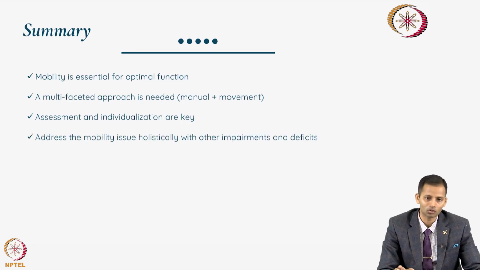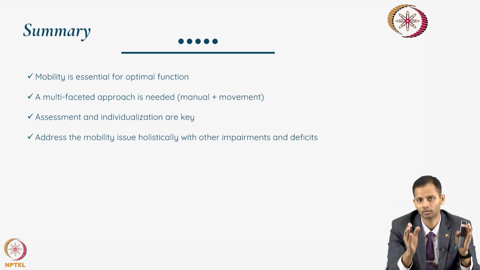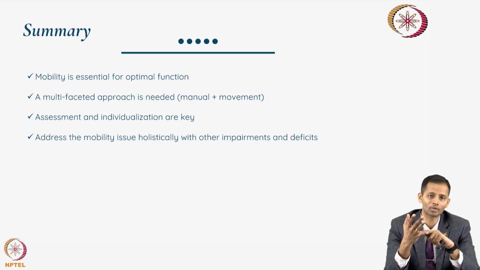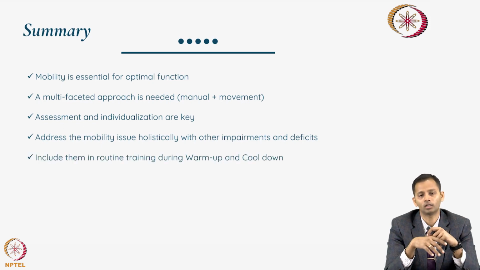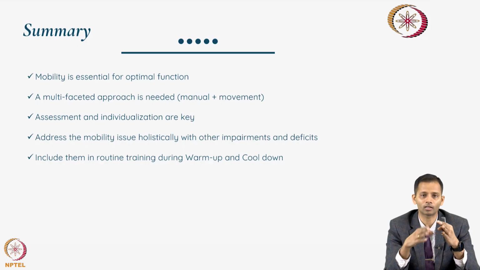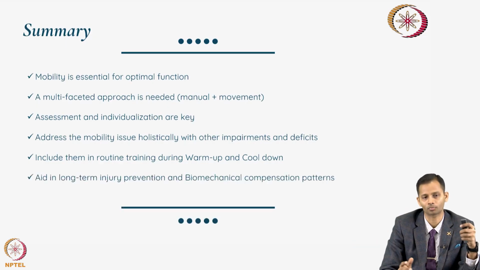Addressing the mobility issue holistically is again an important aspect, because it is not restricted to a particular kind of cause. It has to be addressed as a whole, since it involves multiple components, not only the passive component but also the active component. These need to be included in the training routine, so that it helps in injury prevention, not only as a short term improvement but also as a long term re-injury prevention program.